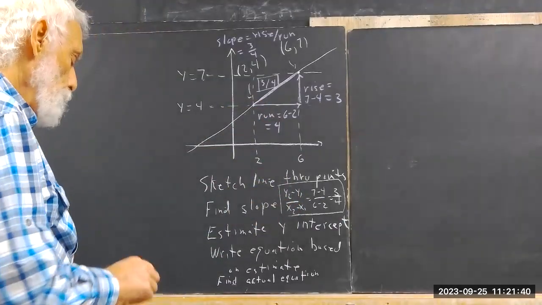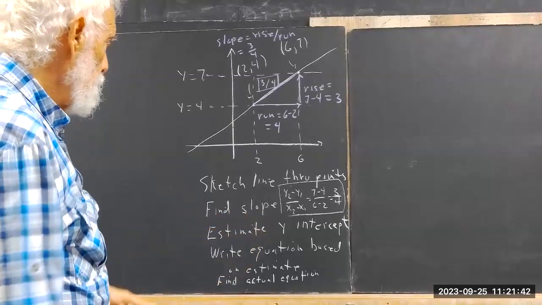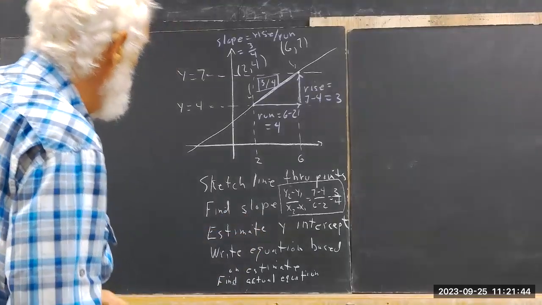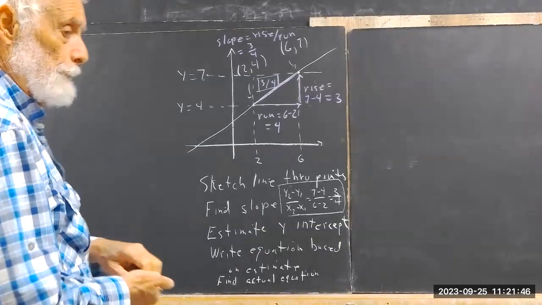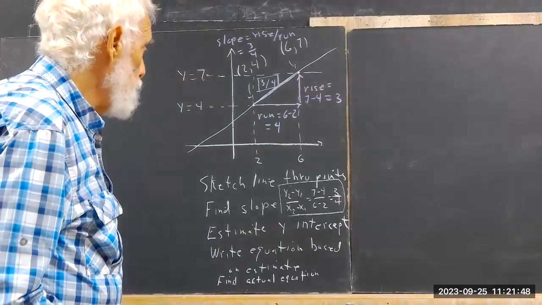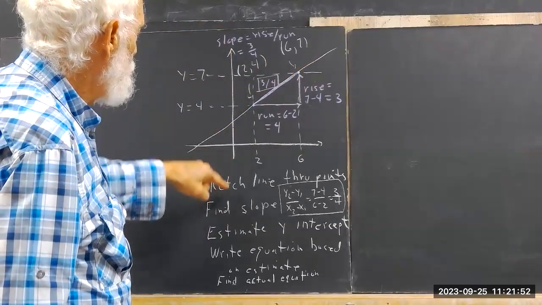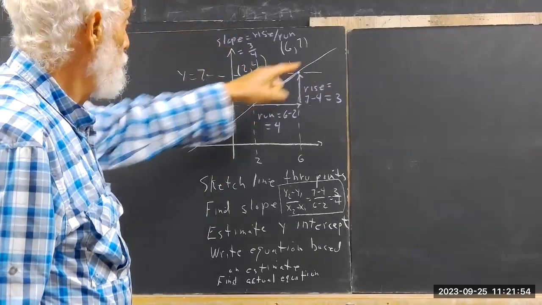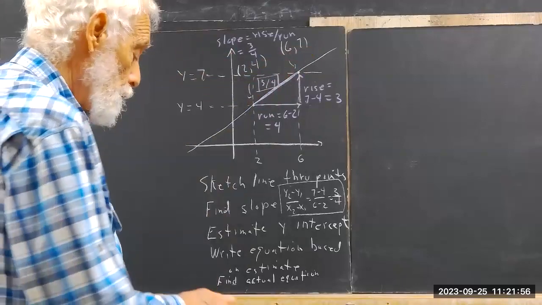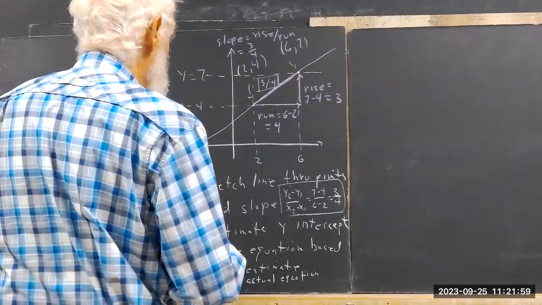Okay, now we want to estimate the y-intercept. This is where we ran into a little bit of trouble. What's the y-intercept? Well, the y-intercept is the point where the line meets the y-axis. Where does this line come together with the y-axis? Well, it comes together here.